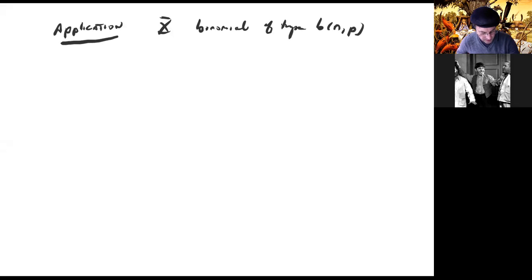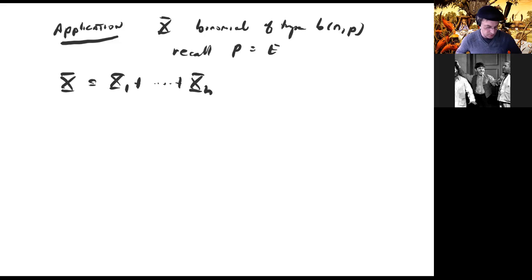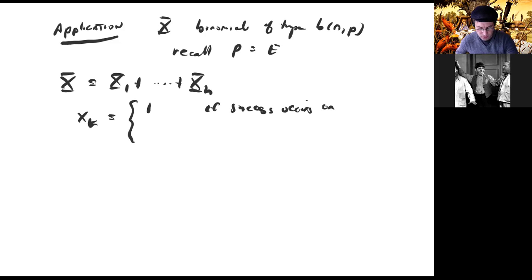Let me write x as a sum x1 plus up to xn. This I did in my last lecture. We have n Bernoulli trials, and x sub k is 1 if success occurs on the kth trial.